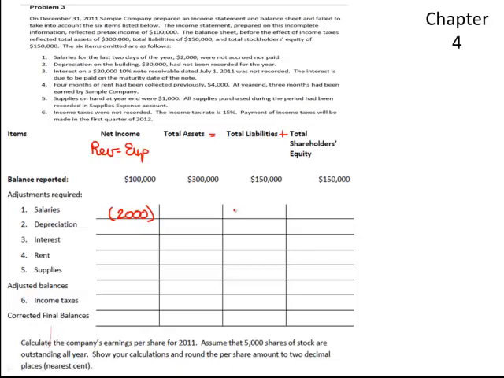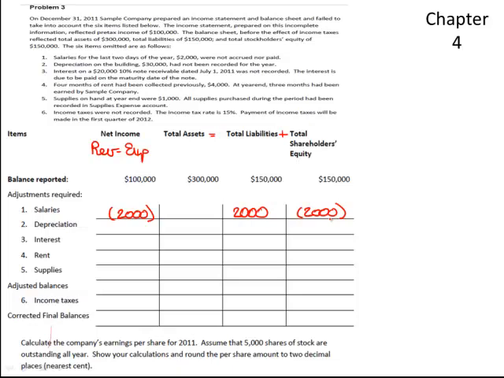So salaries payable, a liability account, would increase $2,000. Because net income was reduced, shareholders' equity would also be reduced because net income gets closed into retained earnings at year end. So that's how it would impact the income statement and the balance sheet.